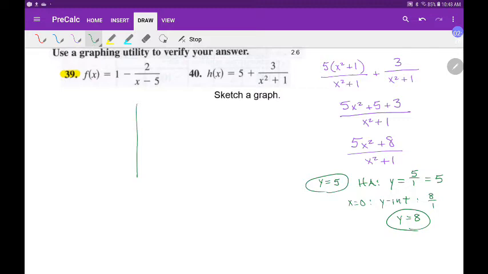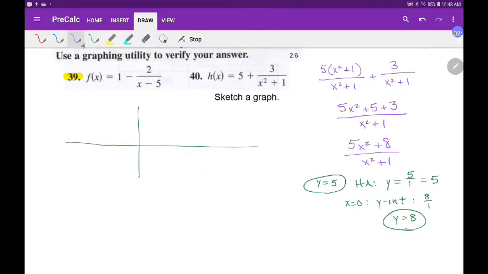So let's see here. How can I draw this? I know what happens at 8. I hit the axis. And then I also know I have this horizontal asymptote, which I'm allowed to cross, but I don't think there's going to be any need to cross it.